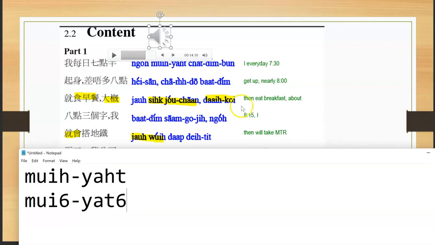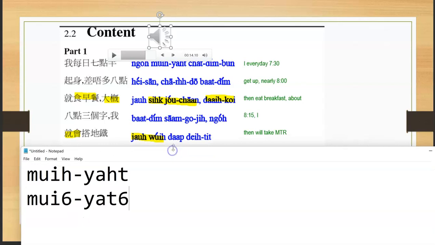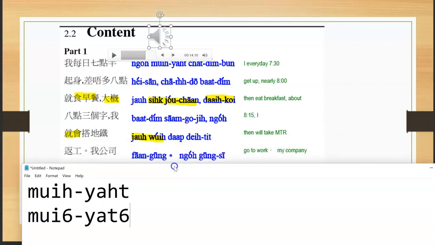You can see then eat breakfast, then will take the metro. Here is will. 搭 is to take the bus, 搭巴士. You can even use 搭飛機, take the airplane.